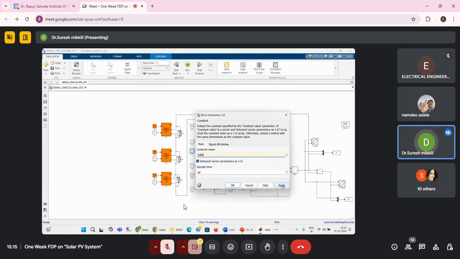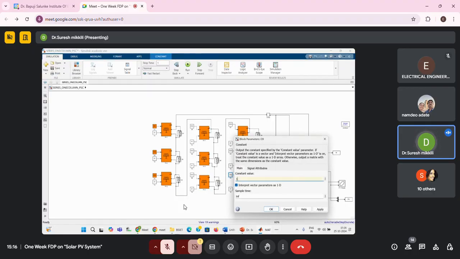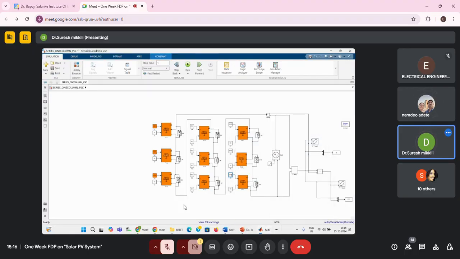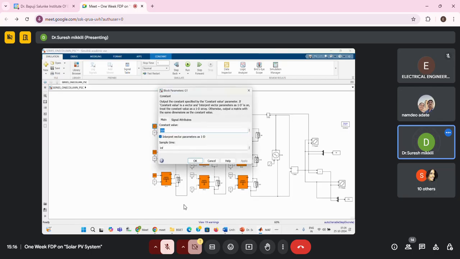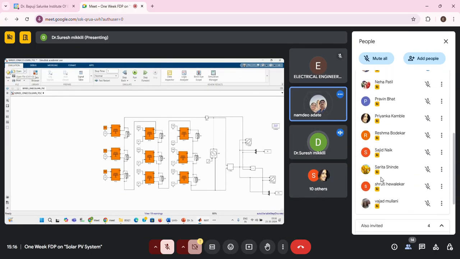If shading conditions vary, these values will be changing. This is 1000. Okay, 200. Now I will show you some other connection. Open the model.